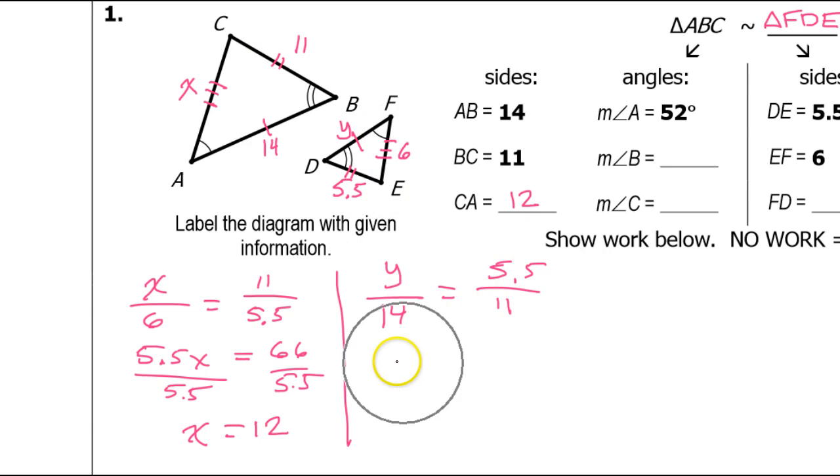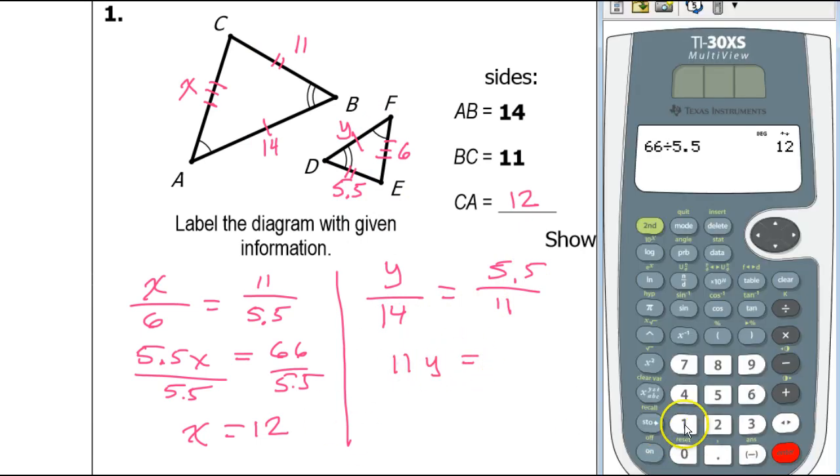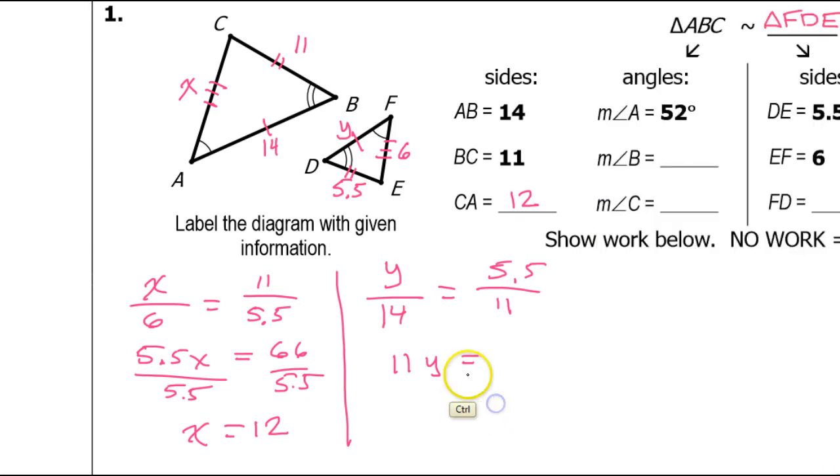And again, I cross multiply, so this will be 11y is equal to whatever 14 times 5.5 is. So that's 77. So dividing both sides by 11, I discover that y is equal to 7. Now remember that y is FD, so that means FD is 7. So that's how you find the sides.